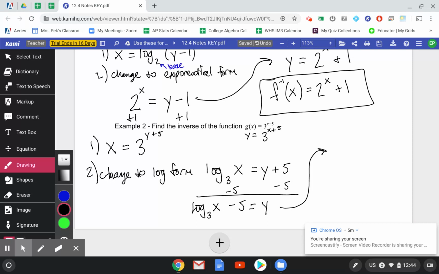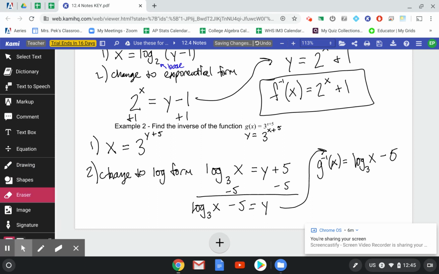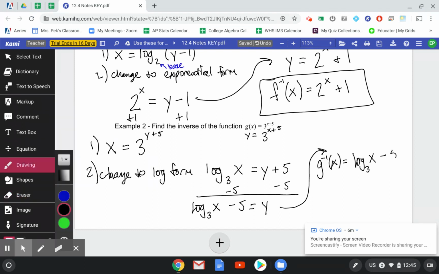Originally, this was g of x, so I'm going to write g inverse of x equals log base 3 of x minus 5. Sorry, that doesn't look like a 5. And that is how to find inverse equations between exponents and logs.